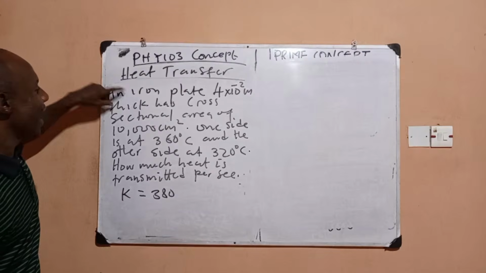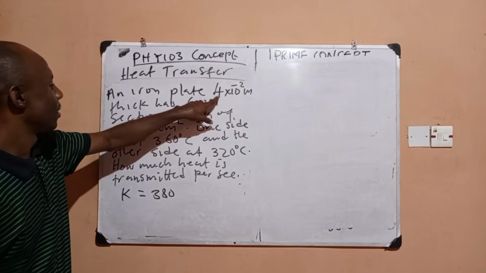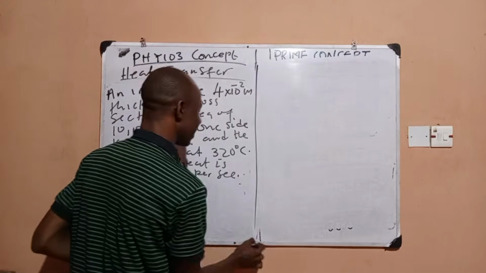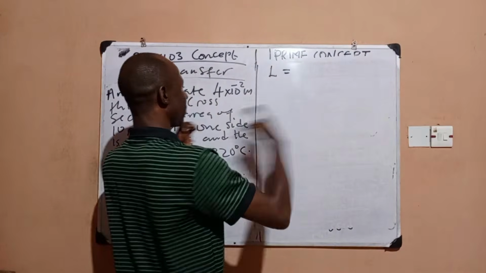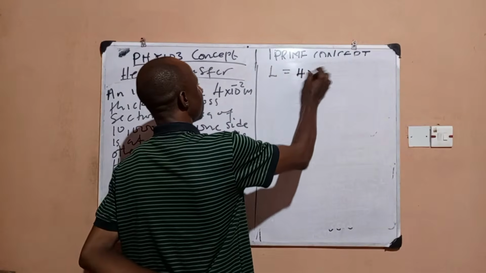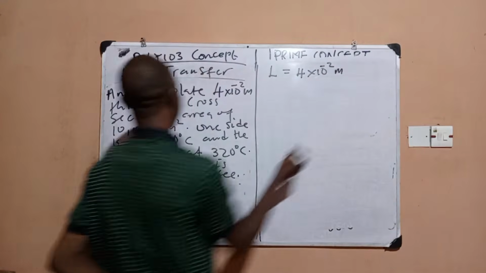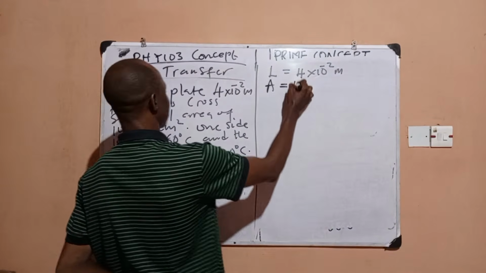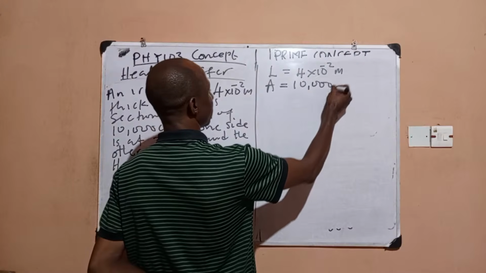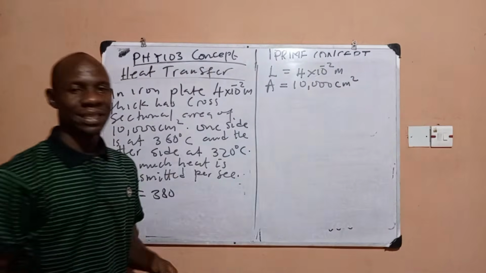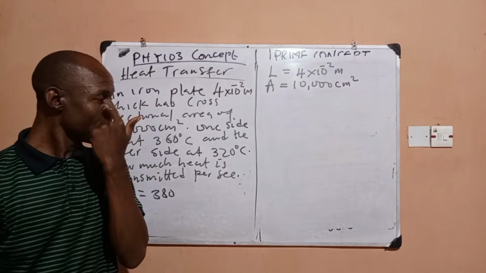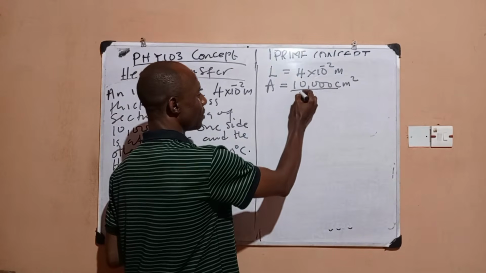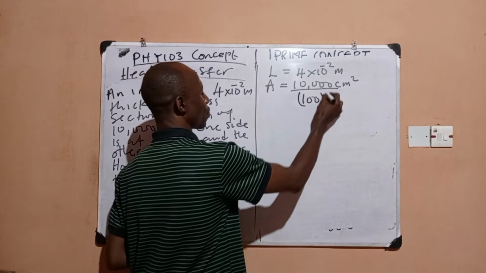So they said an iron plate 4 times 10 to the power minus 2 meter thick. So it means that the thickness of that plate, which is the length of that plate, is 4 times 10 to the power minus 2 meter. It has a cross-sectional area, so the area is 10,000 centimeter square. But remember, centimeter is not the SI unit of area, and I taught you this in Physics 101. So you divide this by 100 squared.